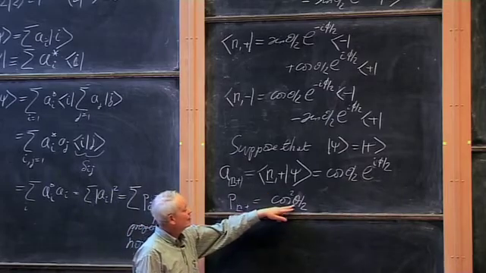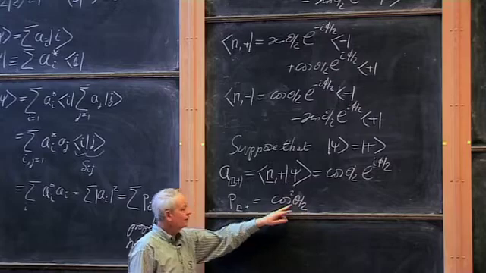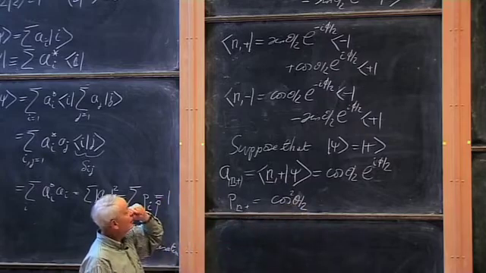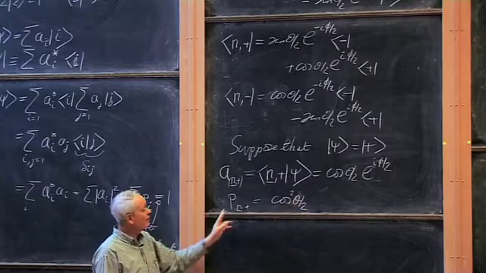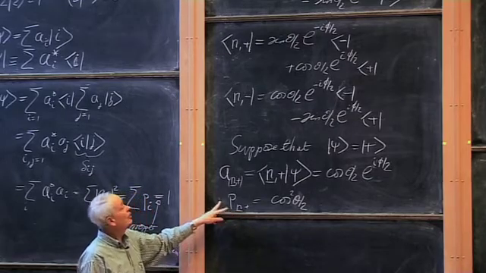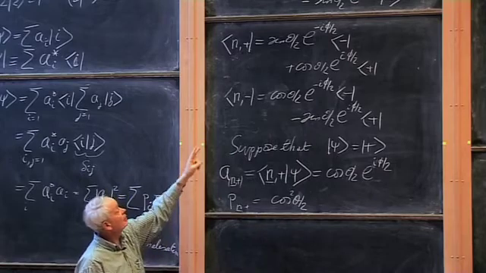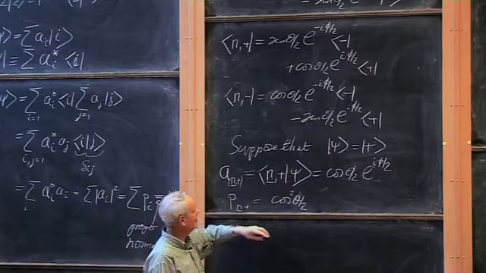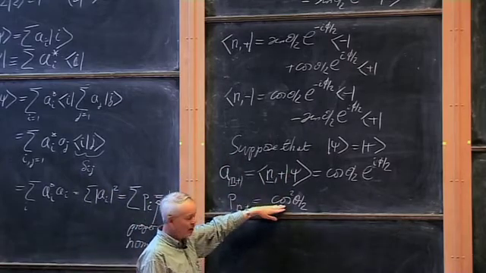Does this make sense? When theta is naught, n coincides with the z-axis, and therefore the probability has to be 1, because we already know that it's certainly pointing down the z-axis. And guess what? It is 1.